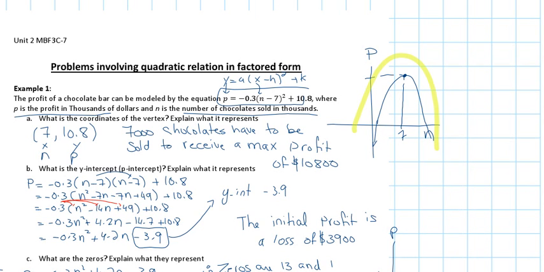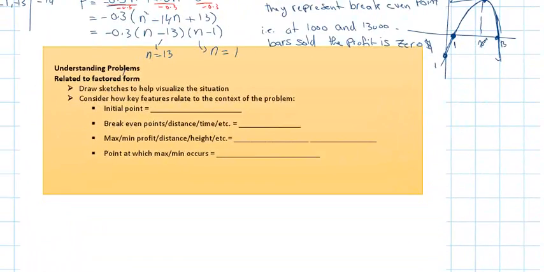Then you're going to look for keywords to solve your problem. Okay? So when the question is asking you for initial point, what does that represent in math terminology? The maximum? Initial. Oh, where it starts. Where it starts, which is what? At the vertex?